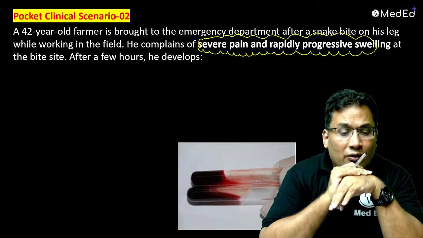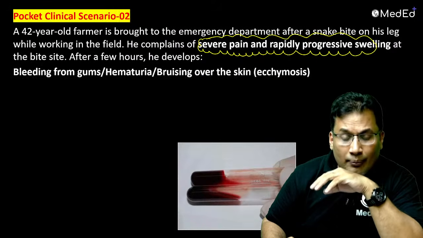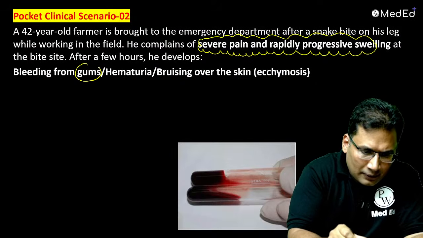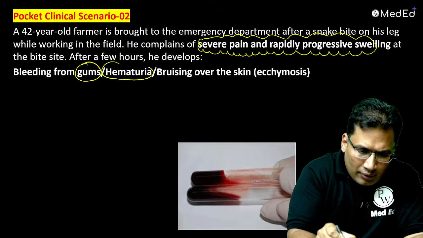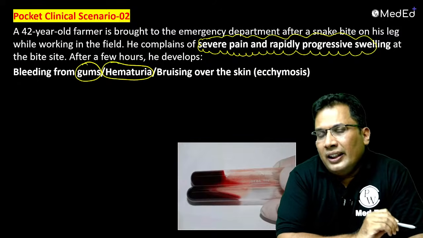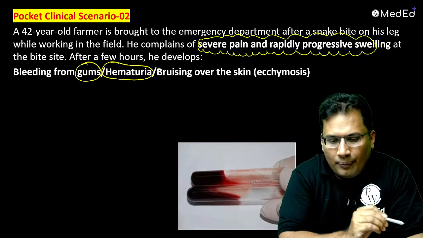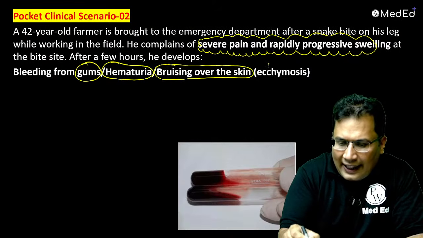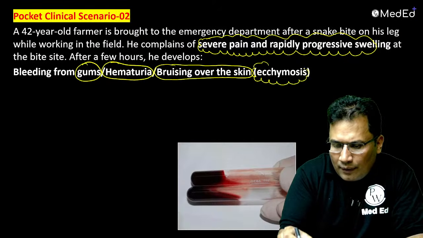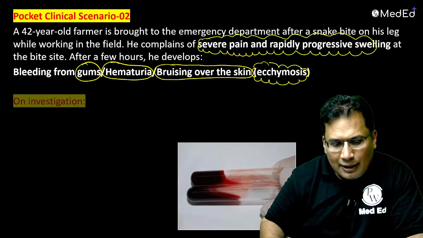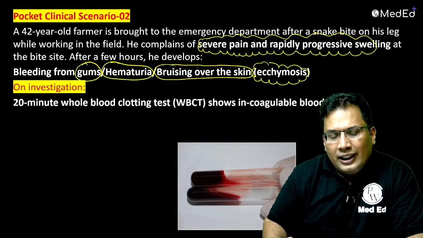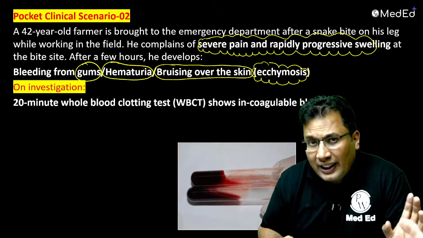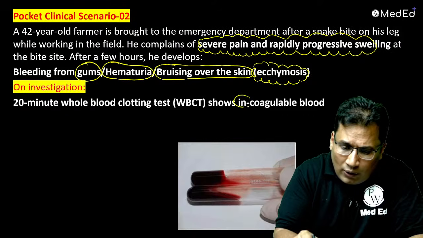At the site of bite, after a few hours he develops bleeding from gums. So there is bleeding, hematuria, the bleeding or RBCs in the urine, easy bruising over the skin, we call it ecchymosis. On further examination, the 20-minute whole blood clotting test, we call it WCT, shows incoagulable blood.